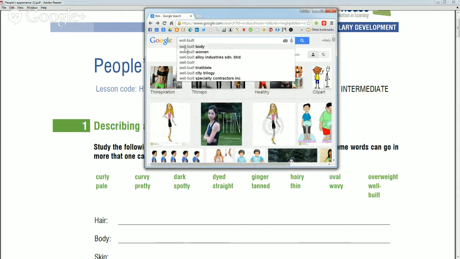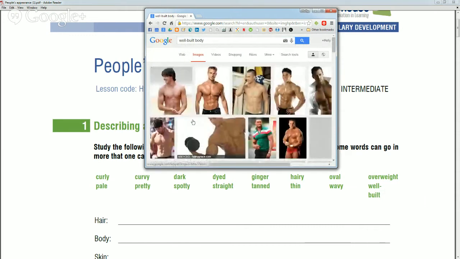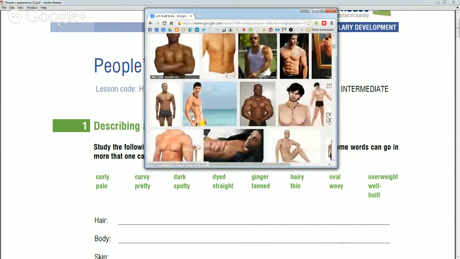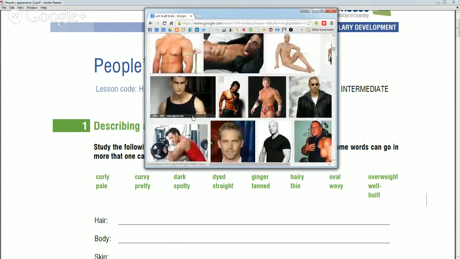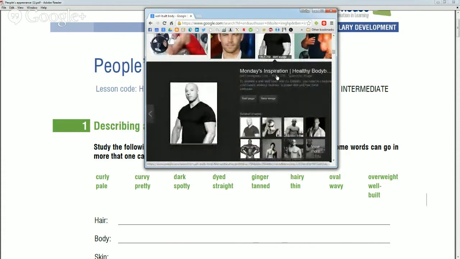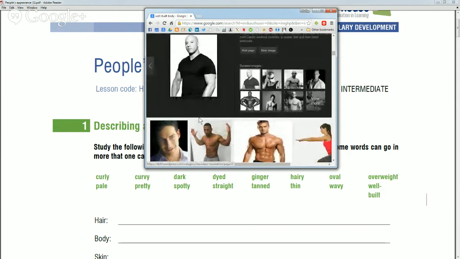It could be, but usually, let's look at this, a well-built body. Yeah, it could be. That's what this says, but when I hear well-built, it's somebody that's not yet overweight, but heading there. Of course, this man, for example, is well-built, but if he stops working out, he's probably going to be fat.